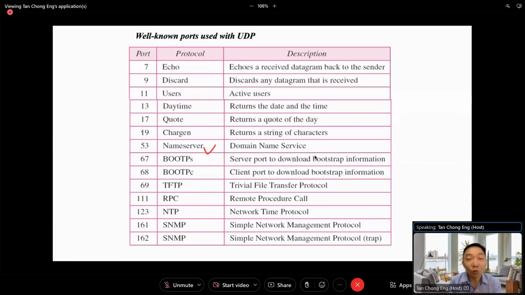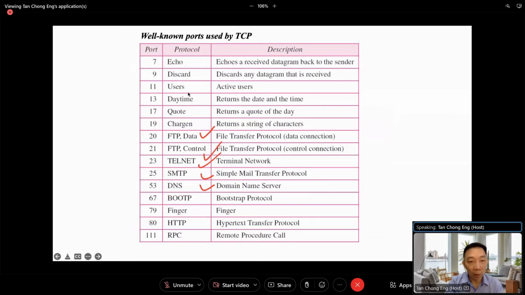But again, if you look at this one, HTTP is using port 80. By default, all web servers will be running at port 80.